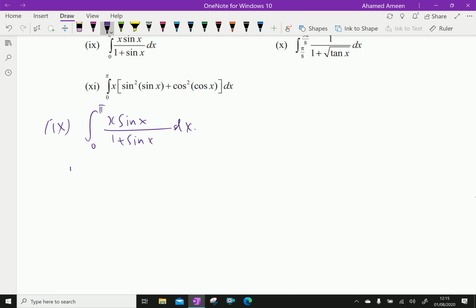Now let I equal integral 0 to pi x sin x over 1 plus sin x.